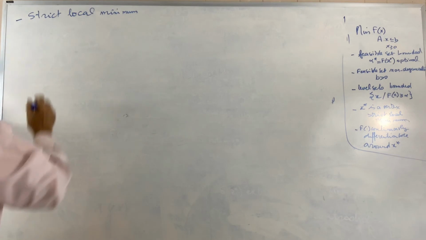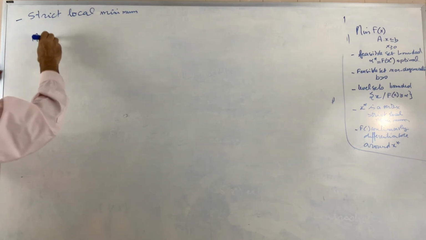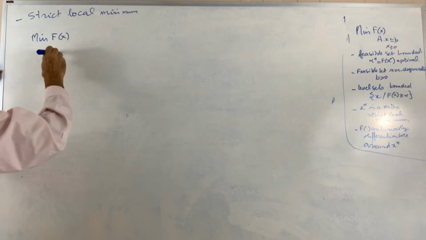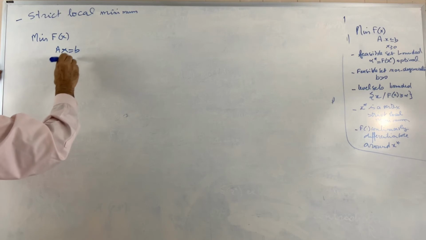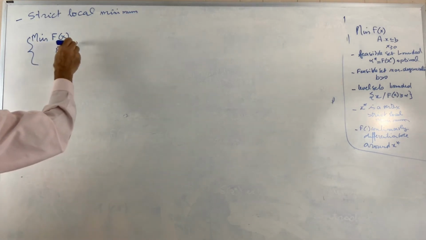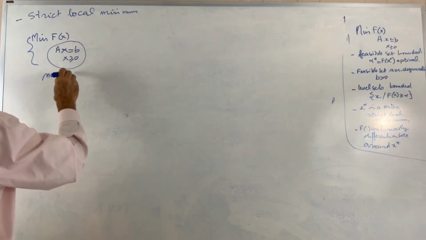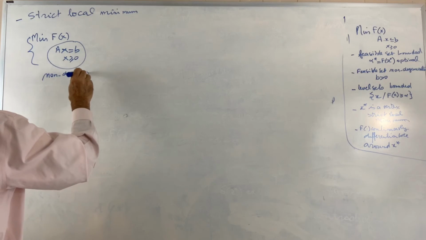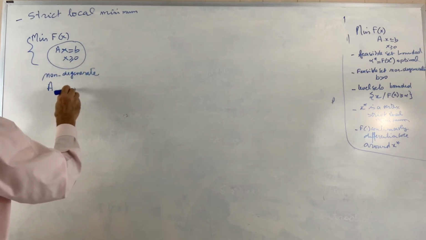Well, so the assumption of strict local minimum. Let's assume that we're minimizing f of x subject to Ax equal to b and x greater or equal to 0, and let me assume that this set here is non-degenerate, and A is an m by n matrix.